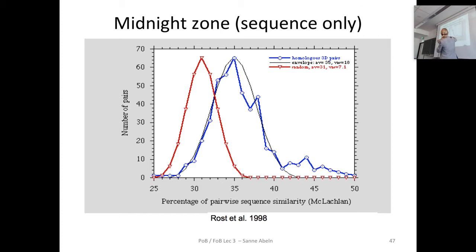Any idea what this blue line, in which database do you think this blue line has been made? What would you take to generate that one? It's one of yours. So it's either PFAM, SCOP, or GO. Which one would you use? SCOP.